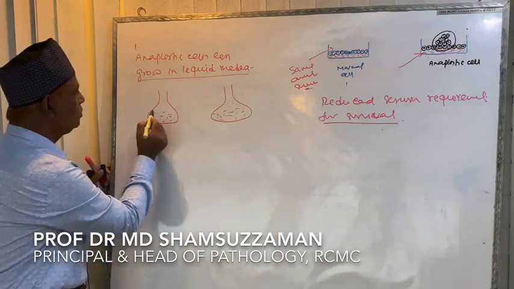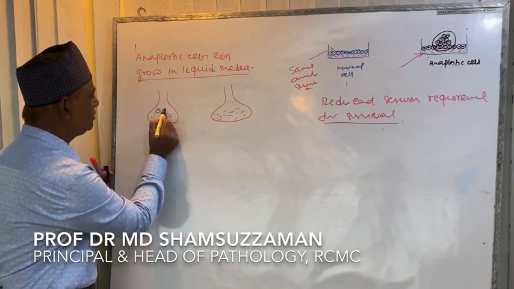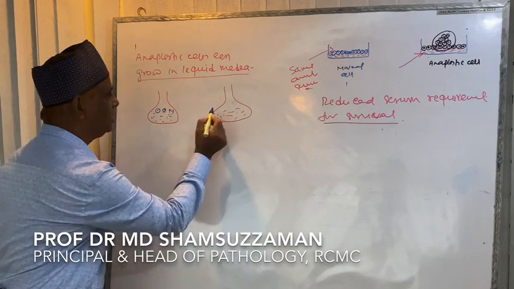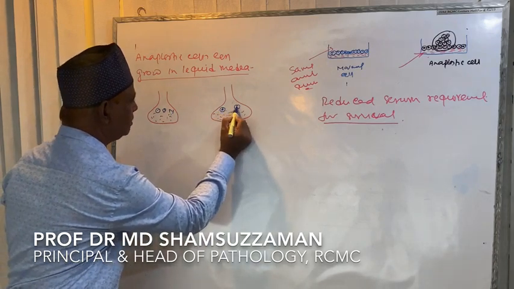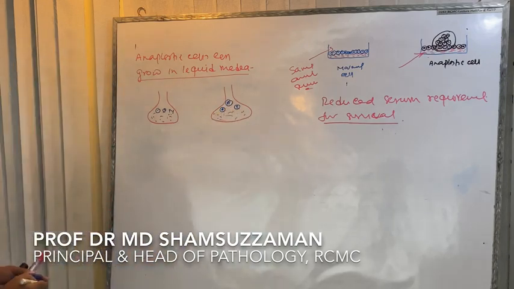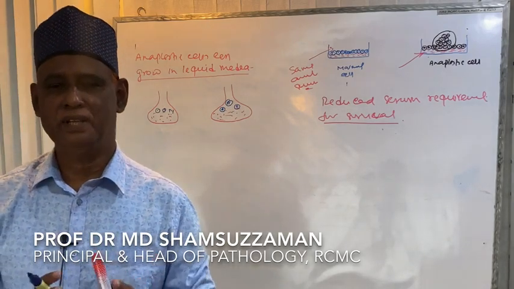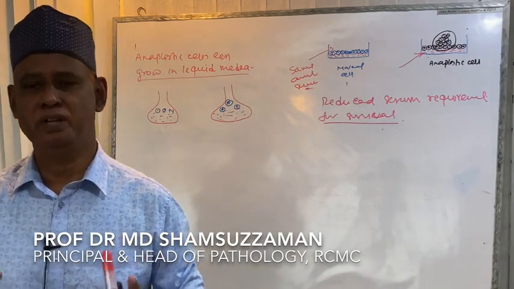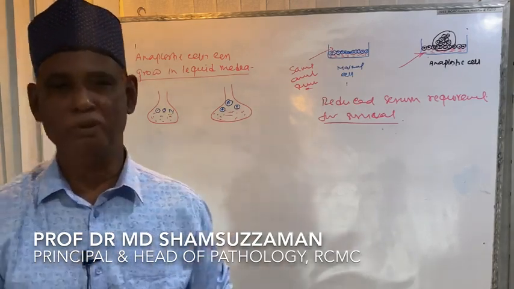And if you allow normal cells to grow here, and if you allow anaplastic cells to grow here, what will happen? In the liquid media, normal cells cannot grow, they will degenerate. But in liquid media, malignant cells can grow.